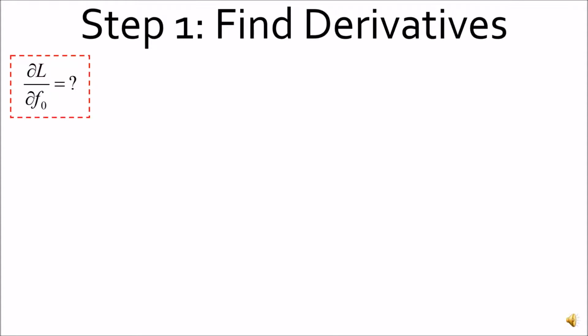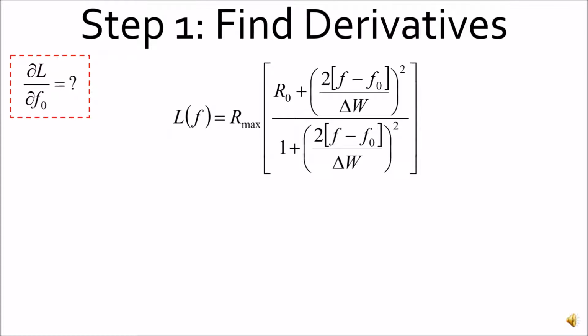Okay, and the third one is with respect to F0. So once again, this is our Lorentzian function, and our F0 is inside of the brackets here, and it's a very complicated dependence. To work out this derivative is not particularly complicated. I mean, as long as the function is differentiable, you can always find a derivative.